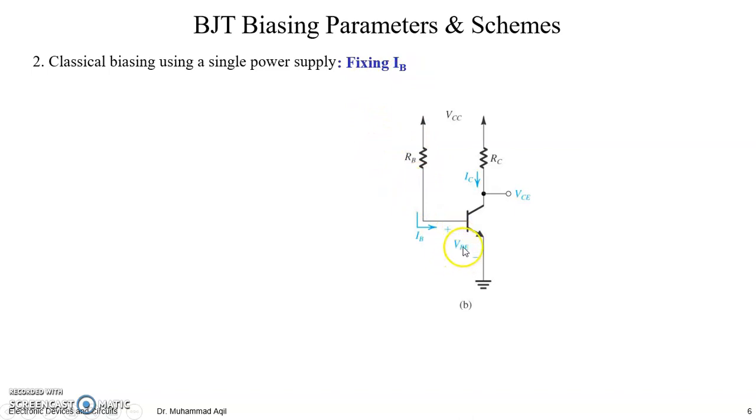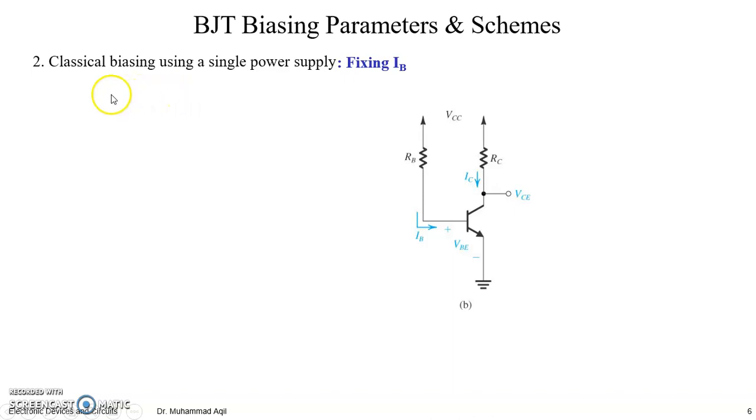VBE would be taken itself for that IB, because we know that collector current to base current has a beta relation. Same is the case that collector current has a relation with the base to emitter voltage, right?